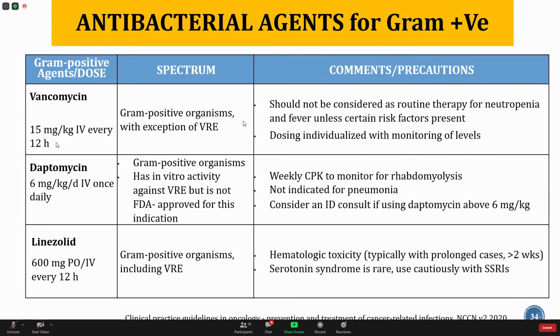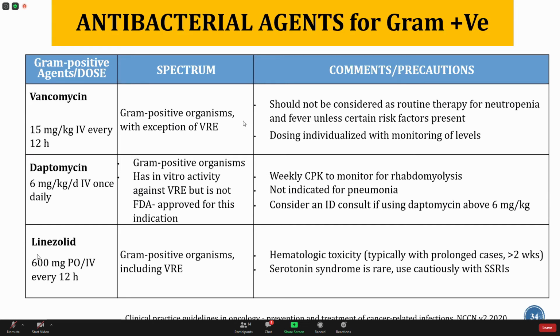Vancomycin, we use 15 milligram per kg based on actual body weight every 12 hours in adults, but in young patients and adolescents, we try to use Q8 hours or Q6 hours because they clear it faster. Daptomycin can be used at 6 milligram per kg once daily, and linezolid 600 milligram IV or PO. For patients on daptomycin, you need to monitor creatine phosphokinase for rhabdomyolysis.